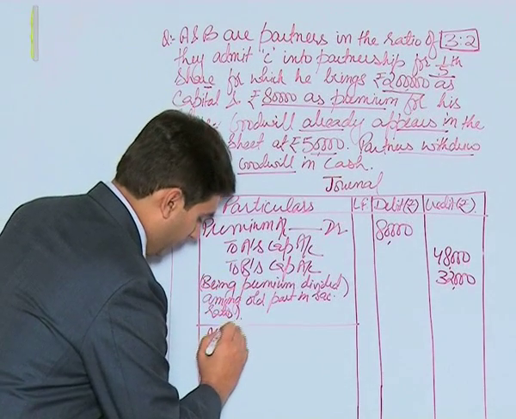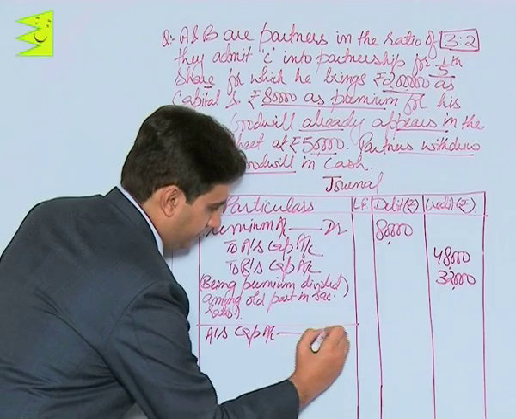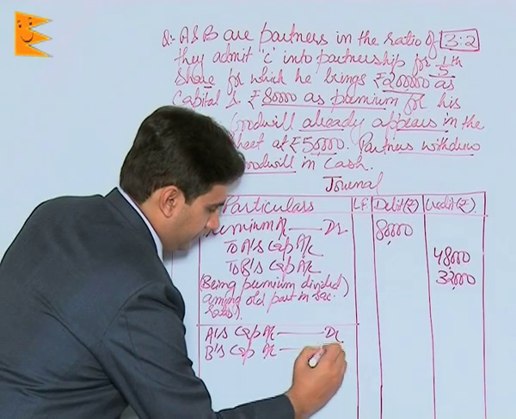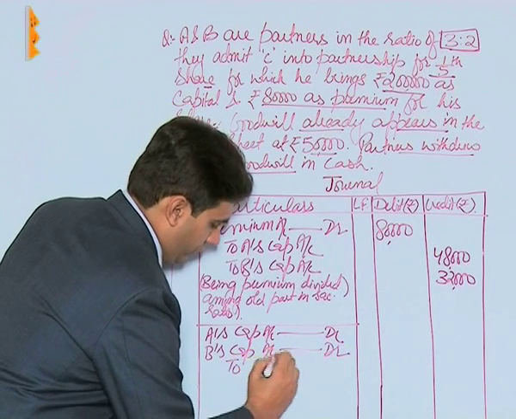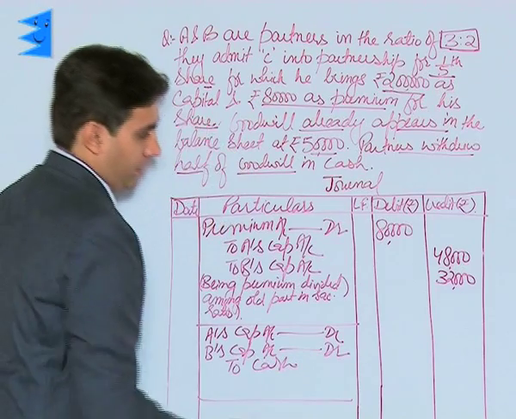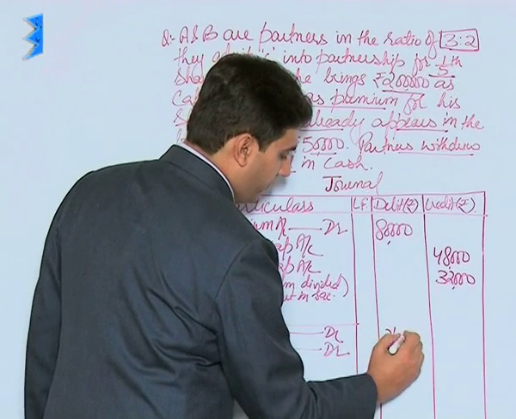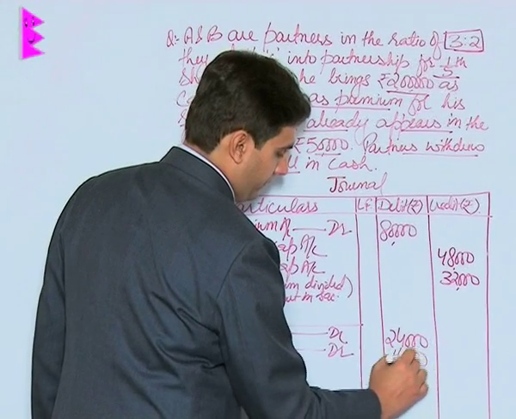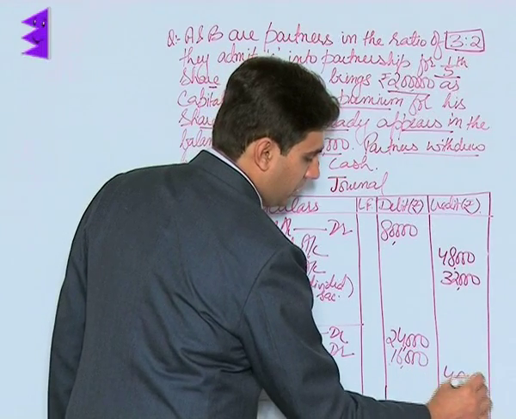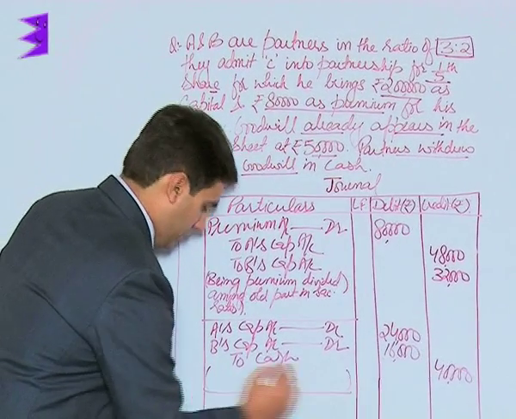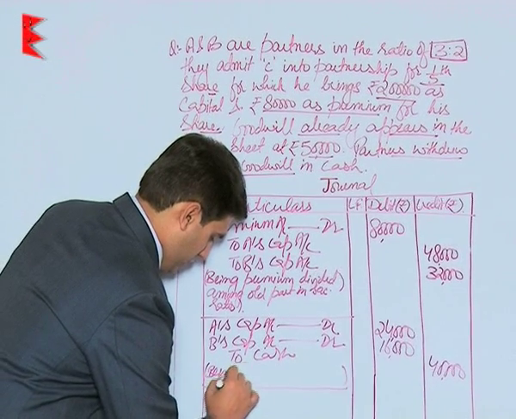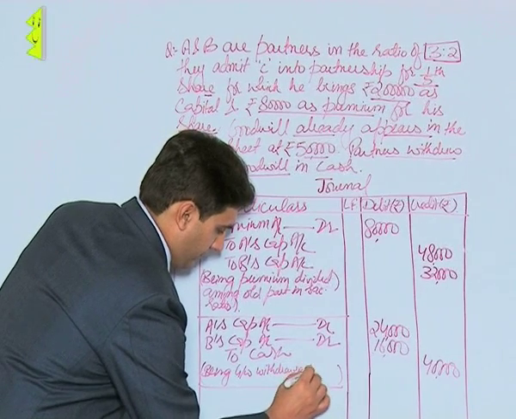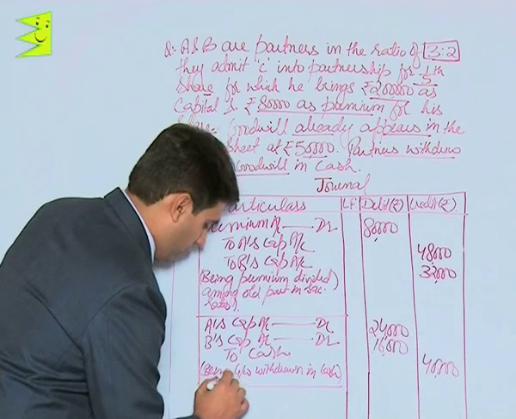So the entry would be A's capital account debited, B's capital account debited to cash, and half of this amount is 24,000 for A and 16,000 for B. Total comes to 40,000 withdrawal in cash. So, being goodwill withdrawn in cash by old partners.